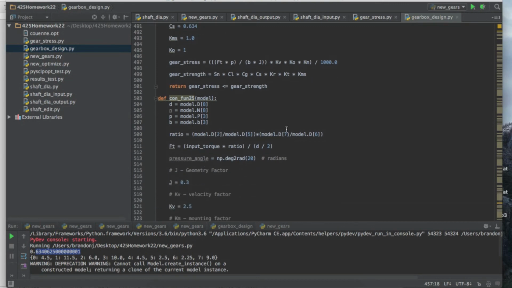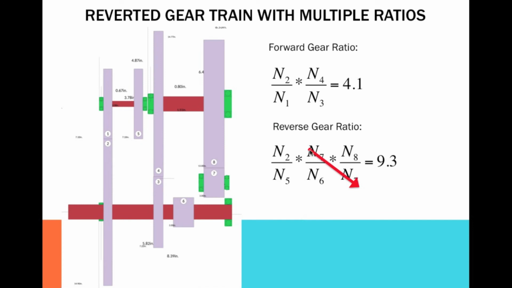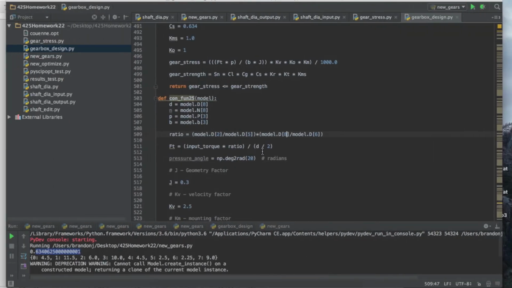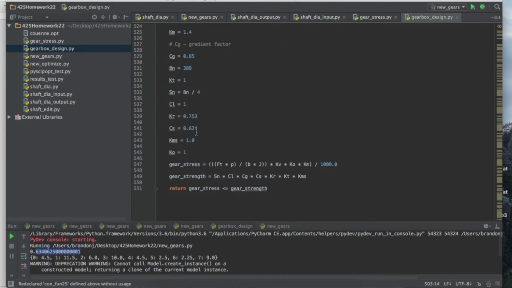Okay, so this is just going to be model.d8 over model.d6. That's because, like I said, this N7 cancels out, so we don't need to account for it when we're just getting the gear ratio across. So we just have this as the gear ratio. And this is function 26.